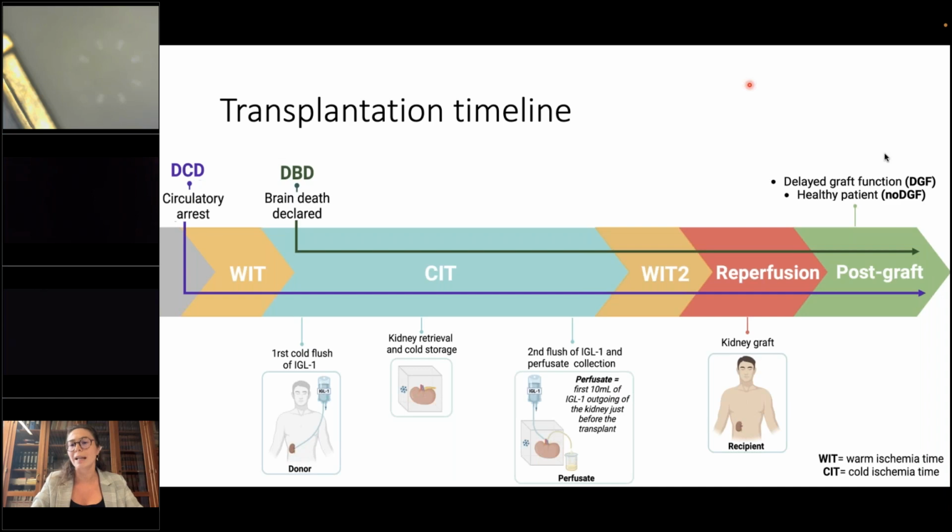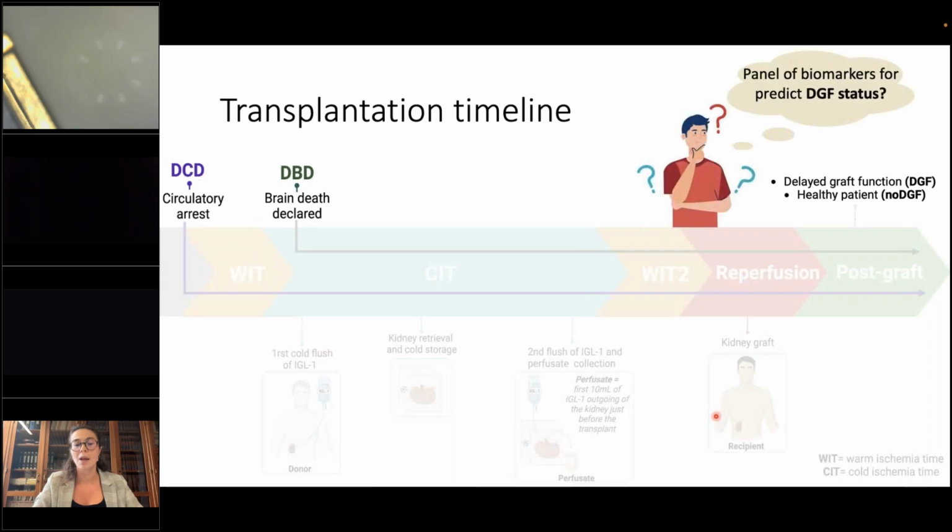That's why in our study we focus on the analysis of the perfusate, which represents the cold storage solution that is injected in the kidney and which represents a real mix of all the metabolites present in the kidney just before the transplantation. So in this study we focus on two main questions.